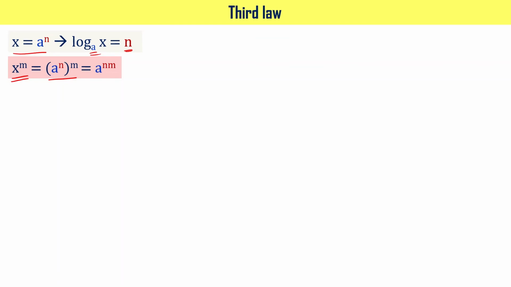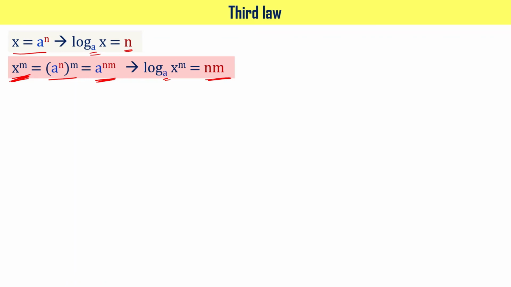That can now be written as a power nm. x power m is going to be written now as a power nm, right? Now let us apply logarithm to this. Log of x power m to the base a equal to nm.